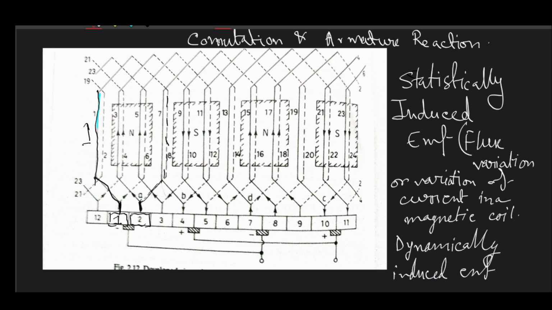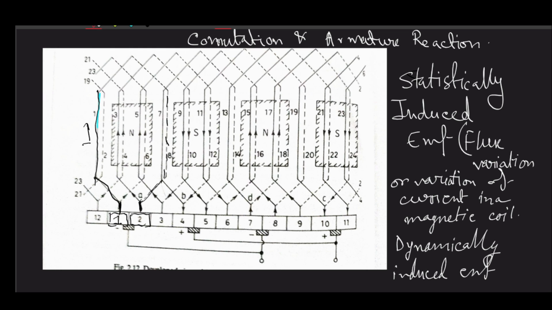Anyway, dynamically induced EMF is what you study in Fleming's right hand rule, which is an example of dynamically induced EMF. You need motion for that. You have a steady magnetic field and your conductor is moving, and therefore the conductor experiences a change in flux associated with it.